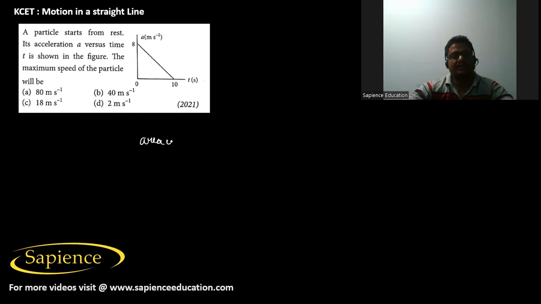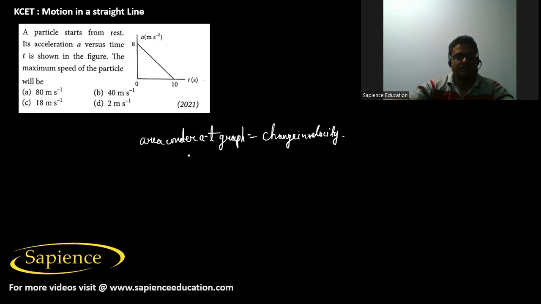We know that the area under the AT graph would be equal to the change in velocity.